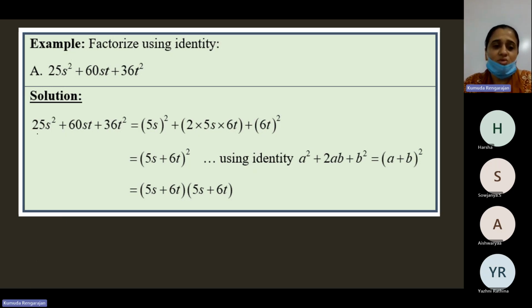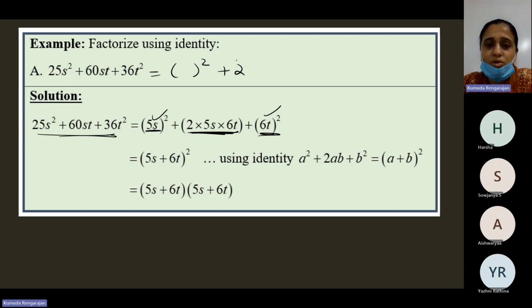The given expression has 3 terms. You must present this expression in the form a square plus b square plus 2ab. First, find your a and b. Only then you can write the 2ab term. See, that's what we did. Use empty brackets like this, plus 2 into a into b plus b square. Fill the first bracket and the last bracket.